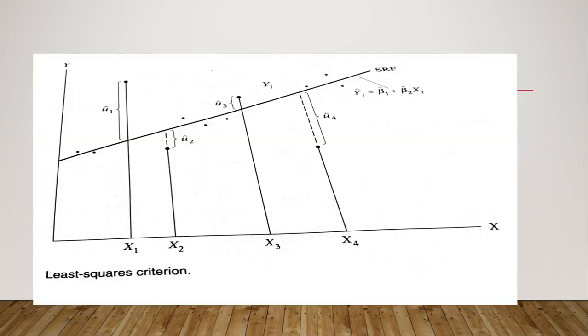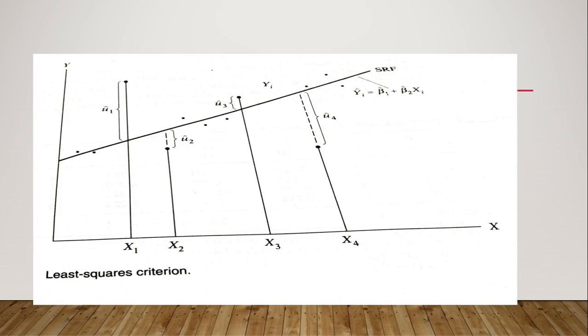See here, you can see the graph. X values are taken along the x-axis and Y values are taken along the y-axis. From the graph, it is clear that for a given value of x1, we can see the actual Y value and the estimated Y value, and the estimated Y value always lies on the sample regression function.